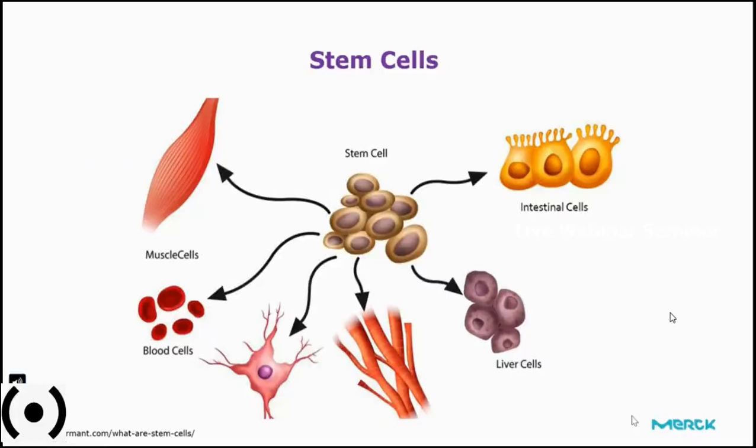All our body cells can be developed from stem cells. You must have heard about this, right? This is very basic, and it was very nicely covered in our previous webinar by Dr. Shubham, that stem cells have renewable capability and can differentiate into any cell type.